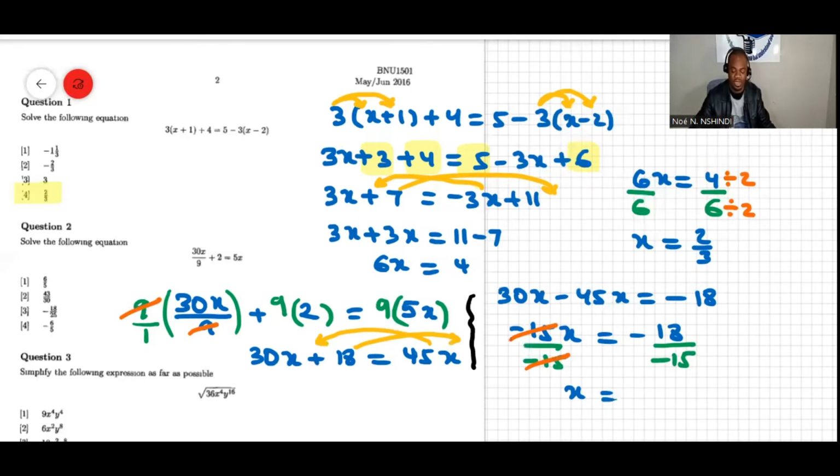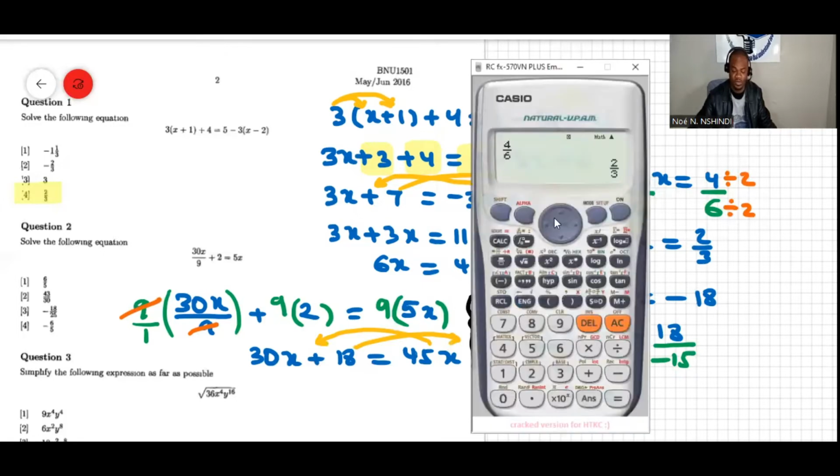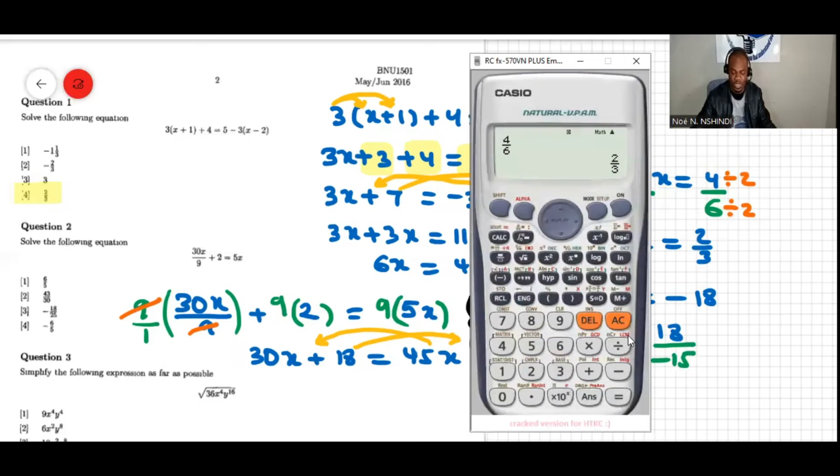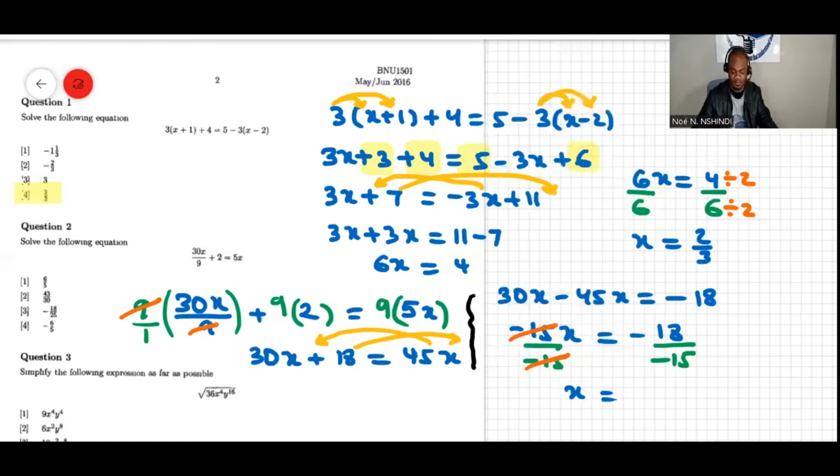This will be equal to, we can simplify. You can use a calculator, for instance, negative 18 over negative 15, and that's going to be 6 over 5. Or we can just divide here. If you notice, you can simplify, divide here by 3, actually negative 3.